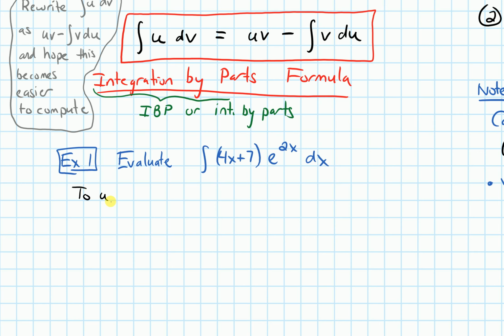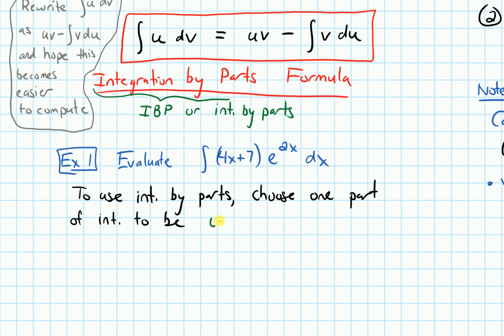And to use integration by parts, the heart of what we'll need to do is we'll need to choose one part of our integral to be u, and the other, let me say the rest, to be dv.